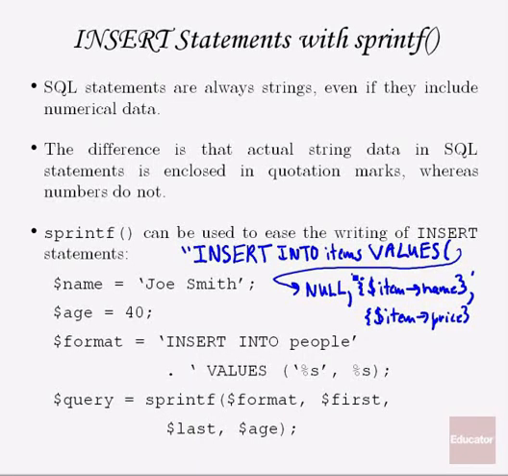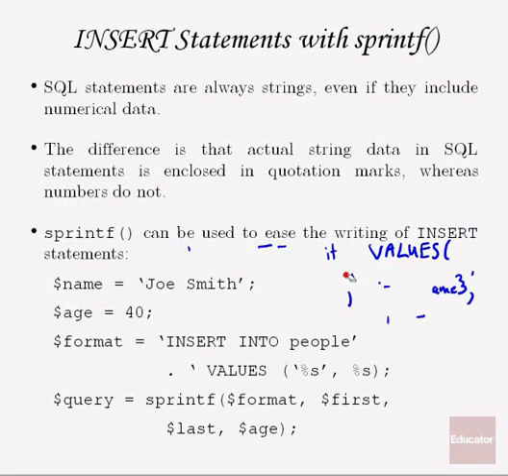So what we can do, I'm going to erase this now, to simplify this is to use the sprintf function. So for example, let's say we have a database called people, which we learned about in one of our homework problems, that has 2 fields that we're going to be inserting, name and age. And so let's say we have a variable called name that's set to the value Joe Smith.